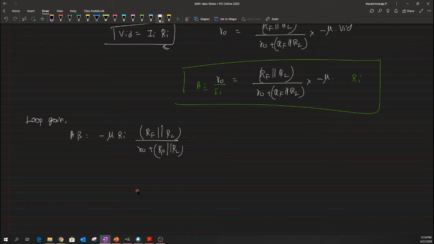So, this is my quantity A, and we know that the factor of beta is nothing but minus 1 upon Rf. So, these two negative signs can be cancelled out, and one would end up having mu times Ri divided by Rf into this entire huge expression.